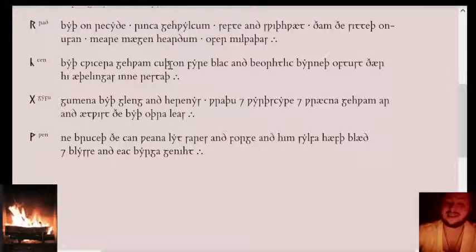Kuth means known. It is known to everyone. On fira blac and beorhtlice. On fira. Fira means fire or flame. Blac means pale or shining.